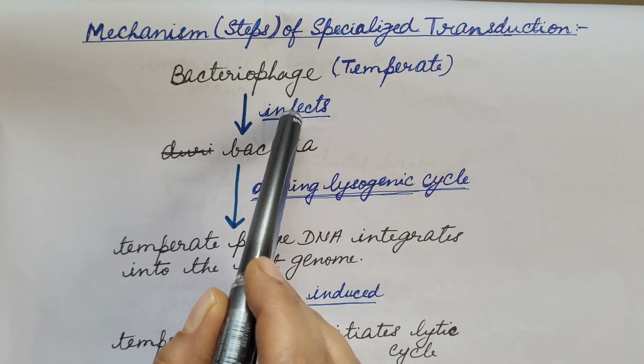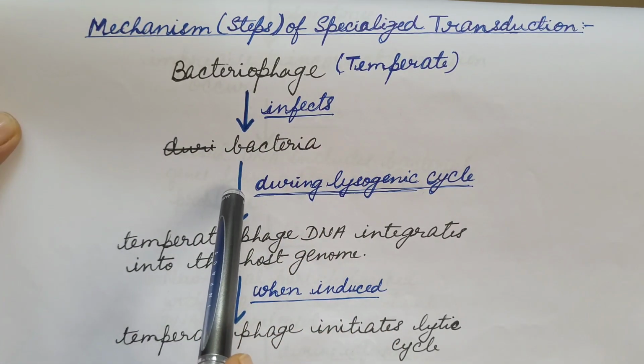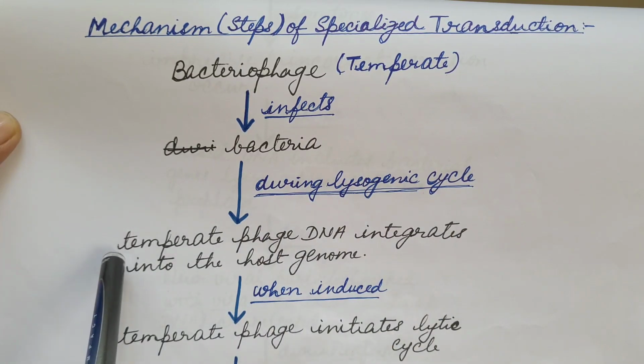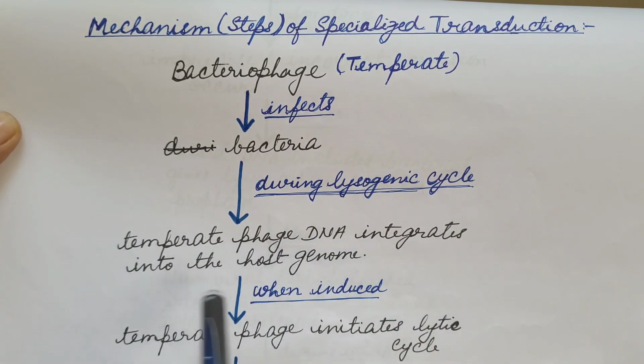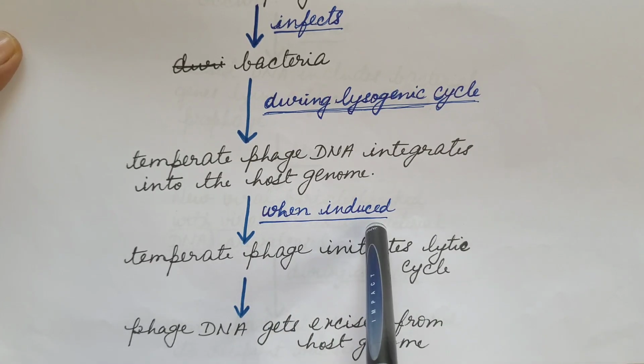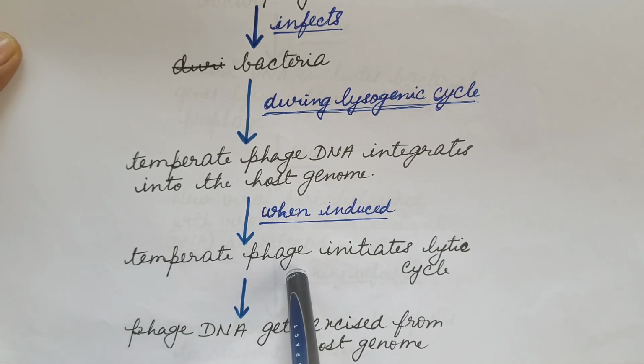When a temperate bacteriophage infects bacteria and injects its genetic material, then during the lysogenic cycle, temperate phage DNA integrates into the host genome. The phage DNA is then called prophage. When it is induced in the presence of ultraviolet rays or certain chemicals, the temperate phage initiates the lytic cycle.